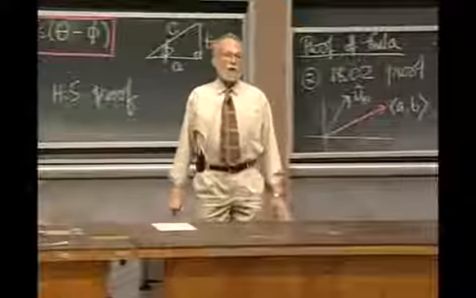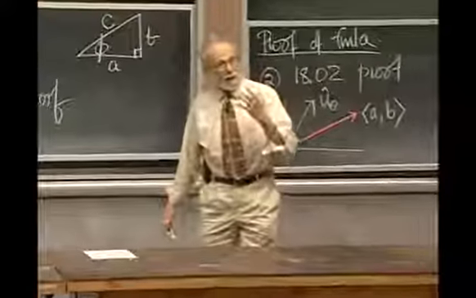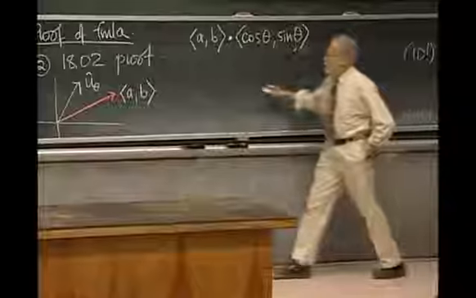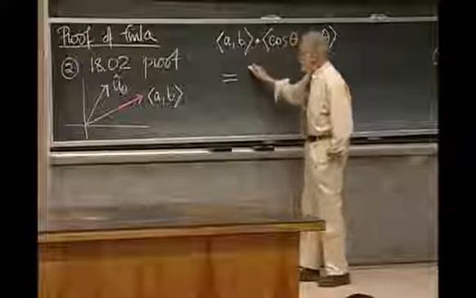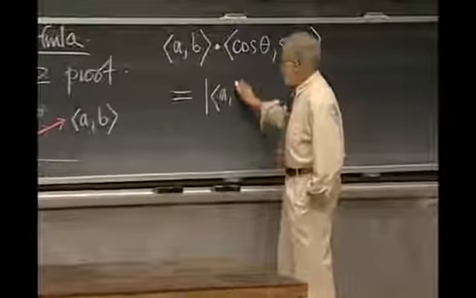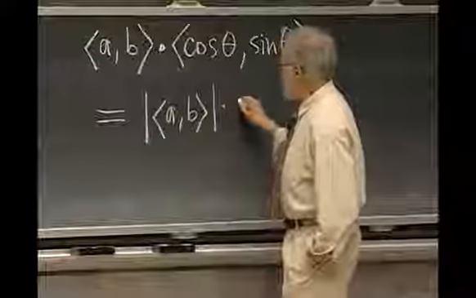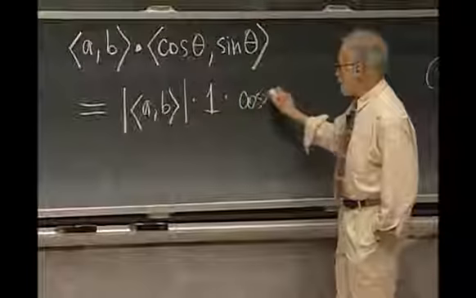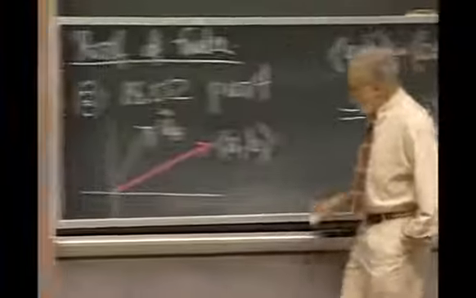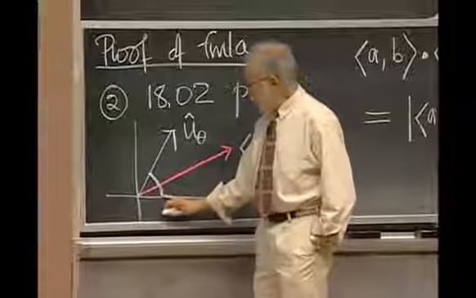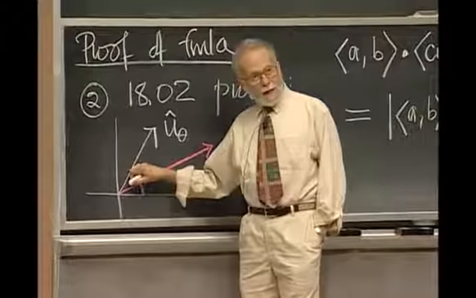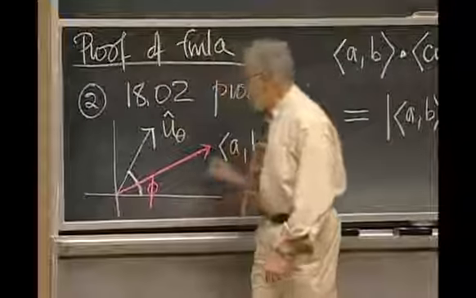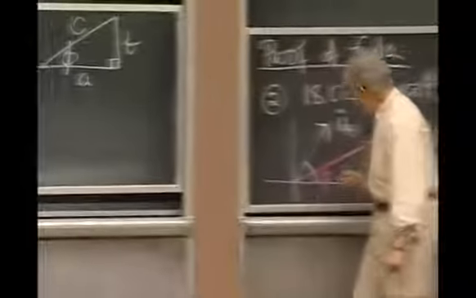And if you don't know their components, it can be evaluated in another way, the geometric evaluation, which goes: it's the magnitude of one times the magnitude of the other times the cosine of the included angle. Now, what's the included angle? Well, theta is this angle from the horizontal to that unit vector. The angle phi is this angle from this picture here.